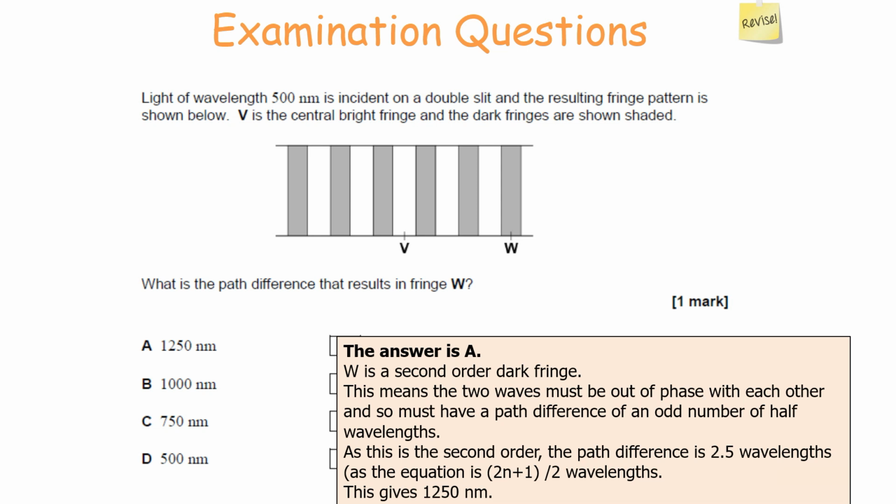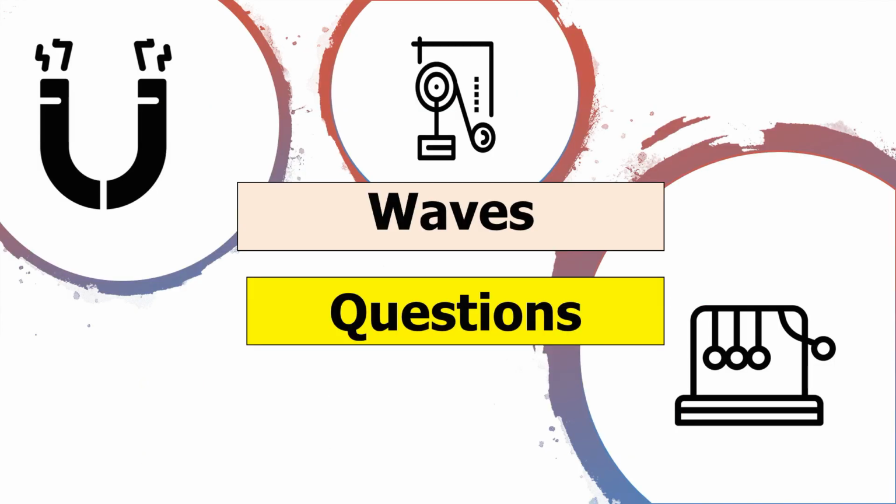So that tells us that we're going to have 2.5 wavelengths, which gives us 1250 nanometers, resulting in our answer of A. Let's now have a look at a few longer style questions to do with waves.